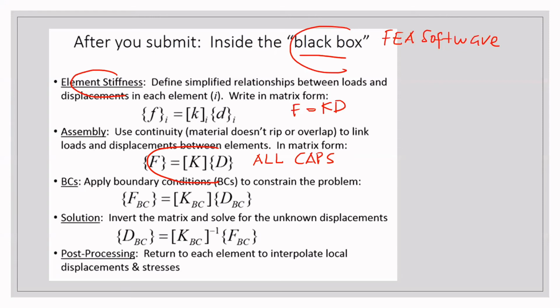And then we apply some boundary conditions. So we specify what points are actually non-displacement, and we do that for a computational reason. We actually modify the stiffness matrix, the displacement vector and the force vector. And what we do next, we finally take the inverse of the K_BC matrix, and that allows us to come up with a vector known as the displacement, D_BC, and then we do the post-processing.